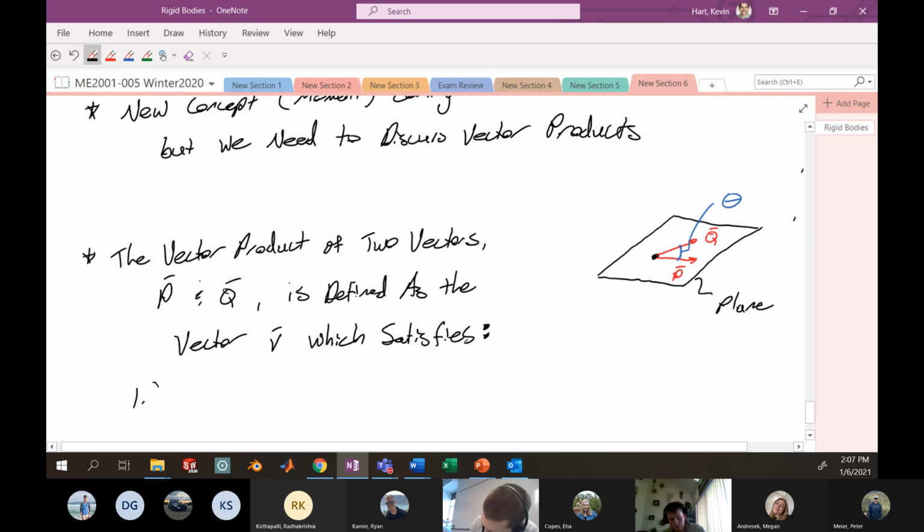First, the line of action of V is along an axis which is perpendicular to the plane containing P and Q. So we'll put that in words.